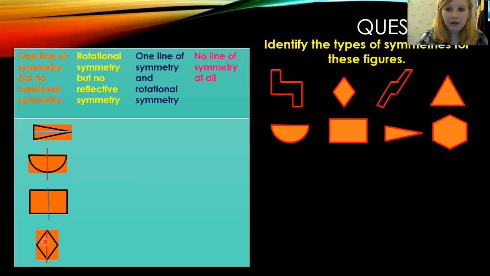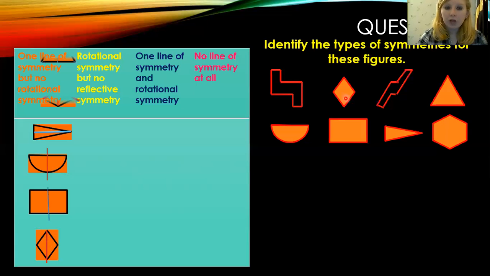Well, a rhombus does not have rotational symmetry, so it is counted as the 1 line of symmetry, but no rotational symmetry. So there was no rotational symmetry but no reflective symmetry figures in this group of figures.